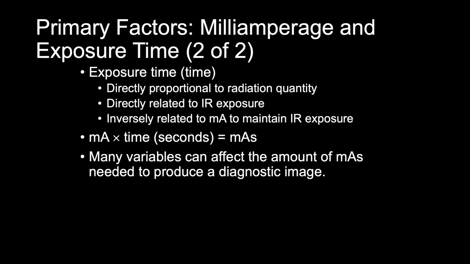And you always have the lowercase m, the uppercase A, and the lowercase s. Many variables can affect the amount of mAs needed to produce a diagnostic image. It could be the patient's age, condition, or the presence of a pathologic condition, and those all could affect the amount of mAs required for the procedure.